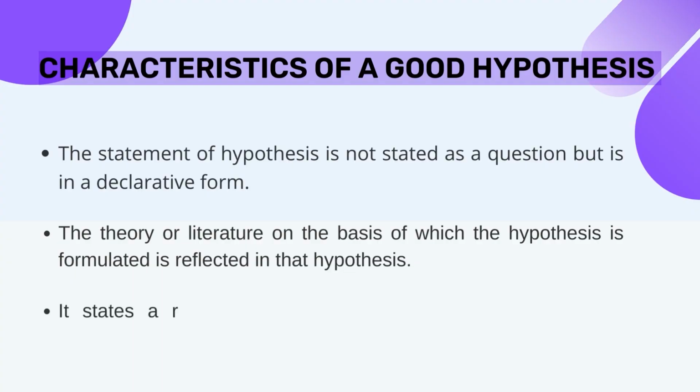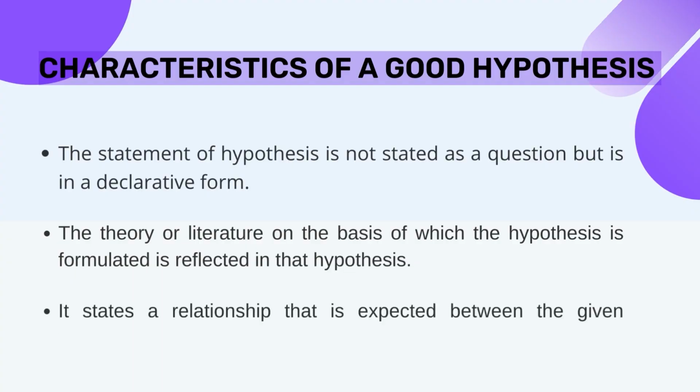And also, before formulating any hypothesis, we have ample study about the content and topic of the study. So when a good hypothesis is formulated, it clearly states a relationship that is actually expected between the variables, because research is about the study between the variables.